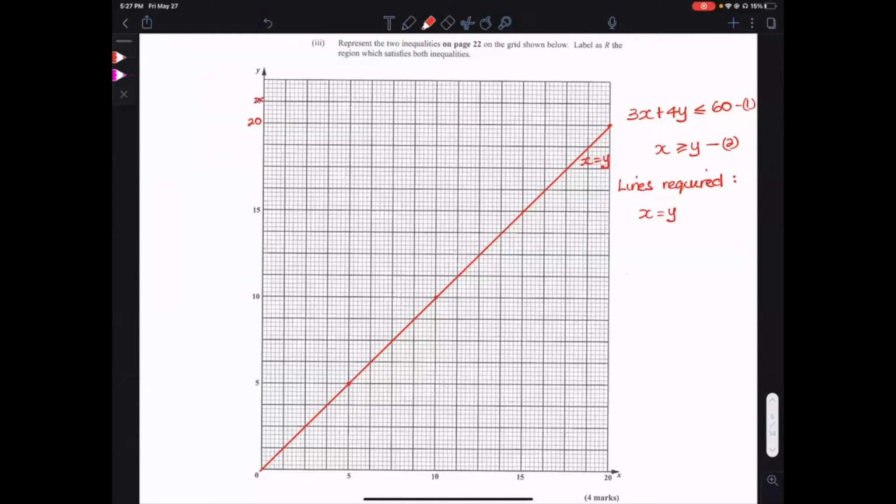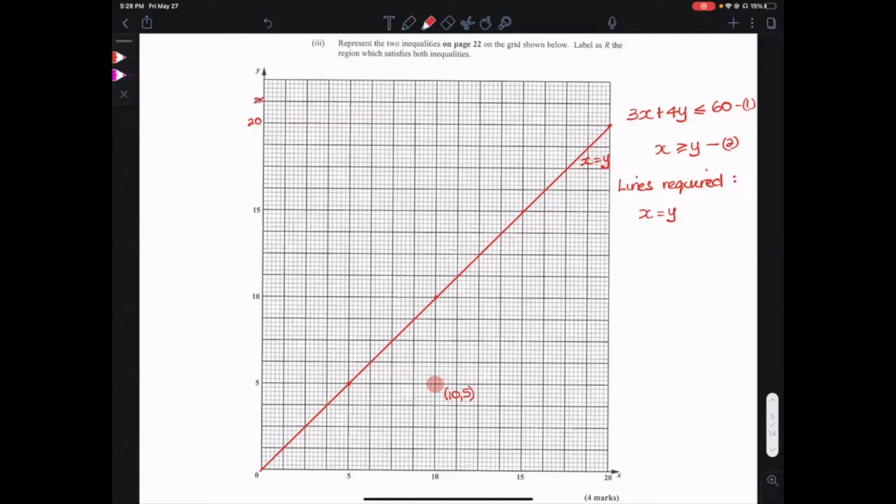Finished? All right. Can someone tell me the coordinates of this point here? x is 10, how much is y? 5. 5, very good.